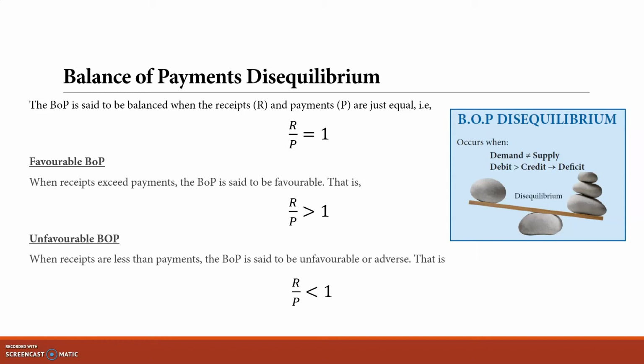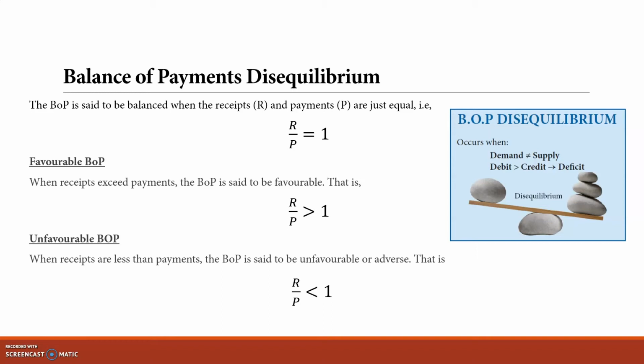Then there are two concepts involved. One is favorable balance of payments, another one is unfavorable balance of payments. When receipts exceed payments, the balance of payments is said to be favorable, that is R by P is greater than 1. Unfavorable means receipts are less than payments, and the balance of payments is said to be unfavorable or adverse.